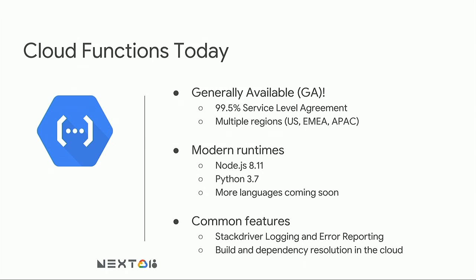So you don't have to, for example, when you use Node modules, some may require some libraries or need to be compiled because there's some native code. So you don't have to cross-compile things locally, upload the modules and things like that. It's really in the cloud that this dependency resolution and build is being done. So it's one thing less to think about, really just focus on defining your dependencies and writing your code.